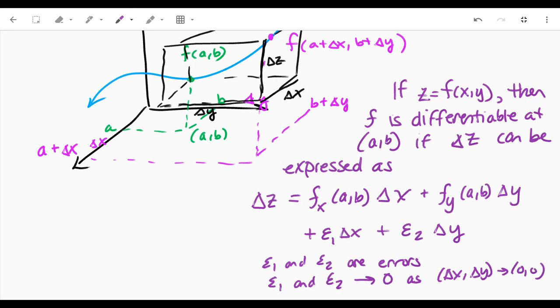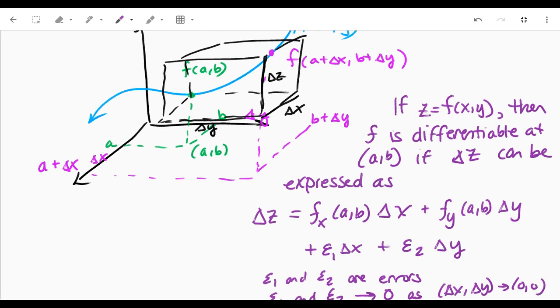Okay. So you kind of think about what's going on here. You're getting your change in z. Think about first moving in the x direction, okay, and that will bring you up a little bit.